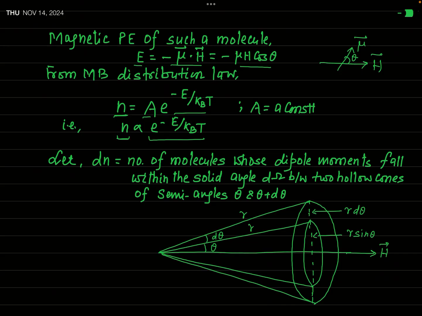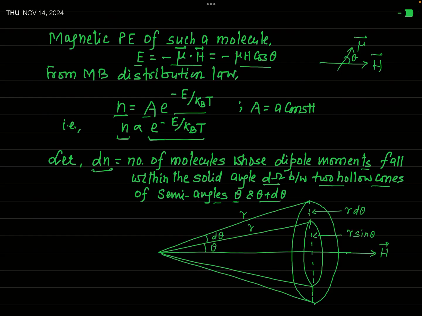For this, let us consider that dn represents the number of molecules whose dipole moments fall within the solid angle d omega between two hollow cones of semi-vertical angles theta and theta plus d theta, as you can see in this figure. Then this dn depends upon two factors.